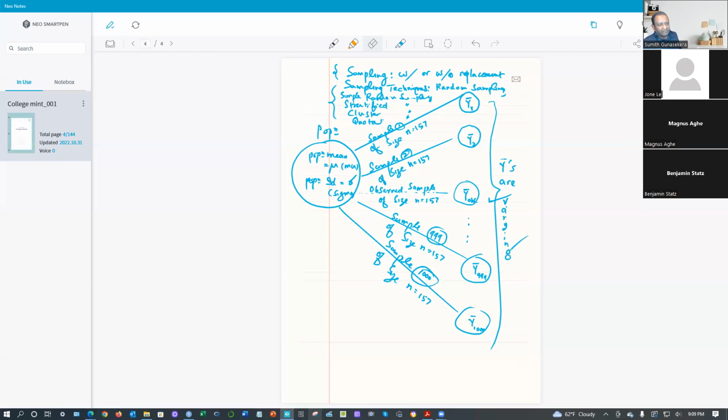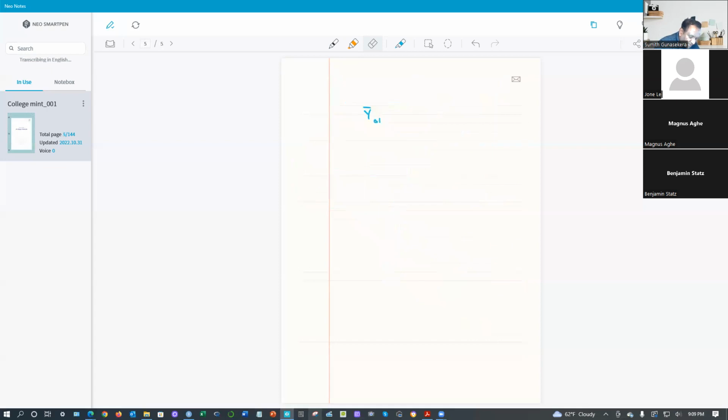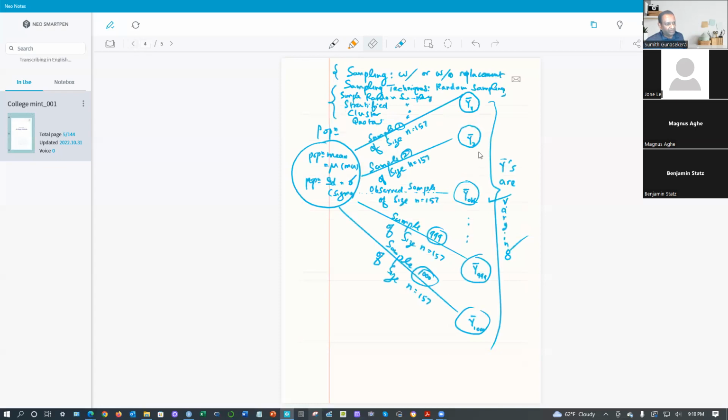On the other hand, y bar obs, we have with us that value, 60.1. We know that one. The other values we don't have in hand, but we can simulate them. They are all varying from each other, including this one.